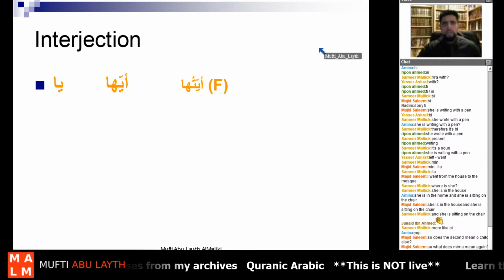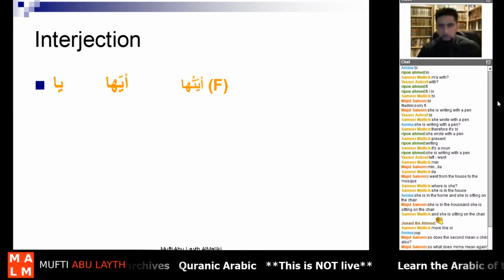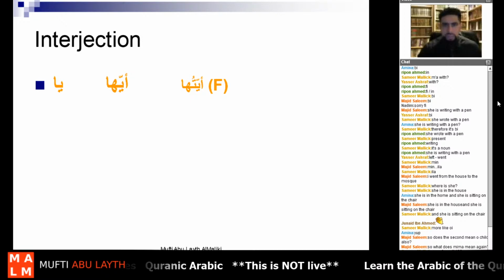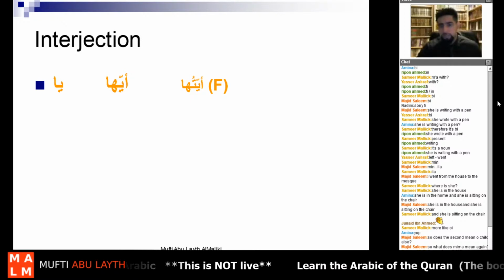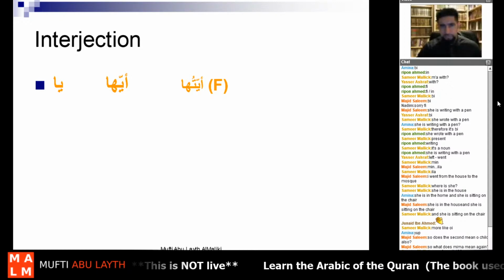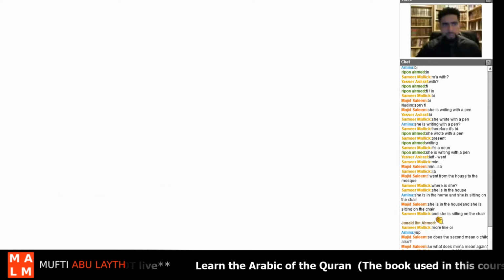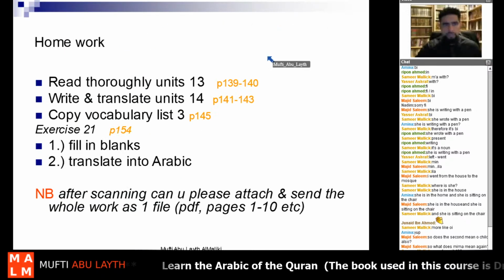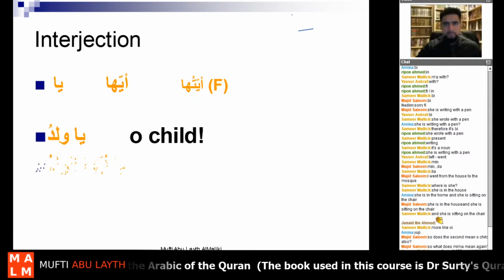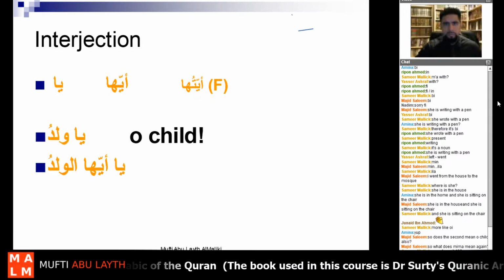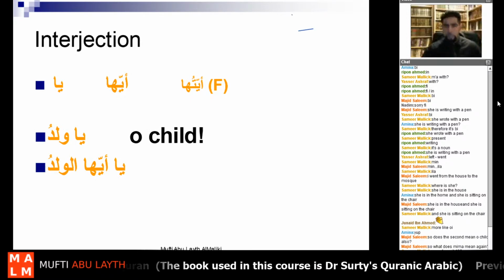Right. Okay. Then we took a look at prepositions, which once they come before a word, give that word a kasra. Okay, so, and this is very important, they place the word in the genitive case. We took a look at a few different prepositions.